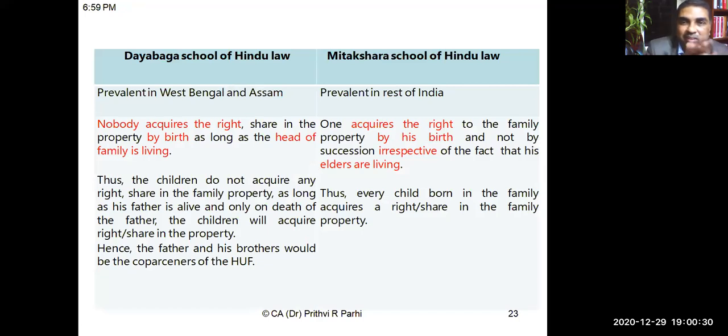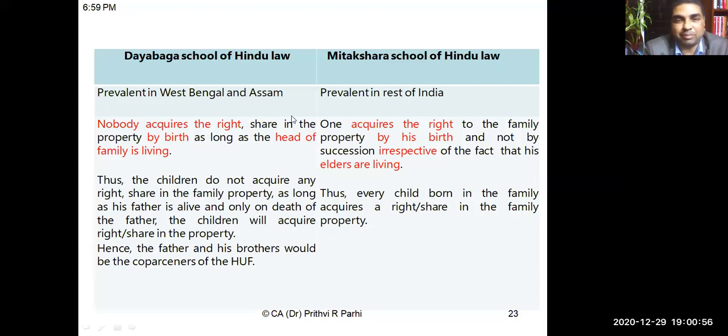There is one more point of difference between these 2 schools of Hindu undivided family. Under the Dayabhaga school, what happens? No member acquires the right in the share of property by birth, as long as the head of the family is living. The right on the property is with the head of the family.